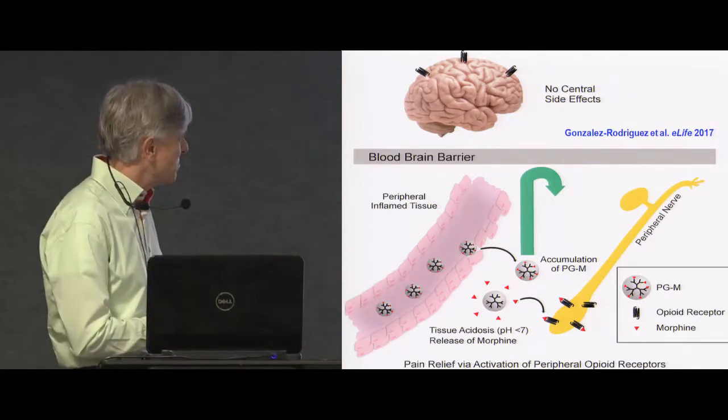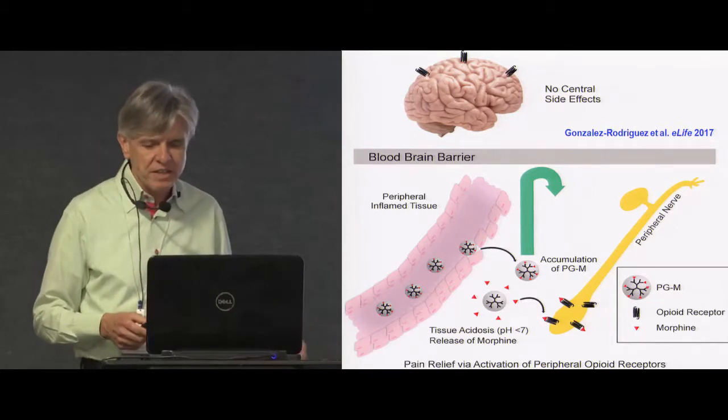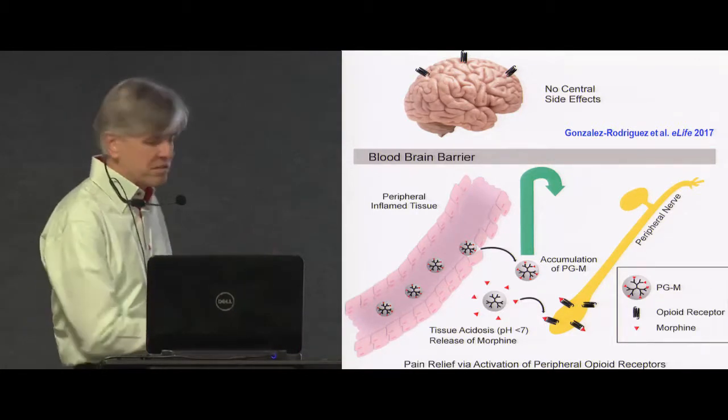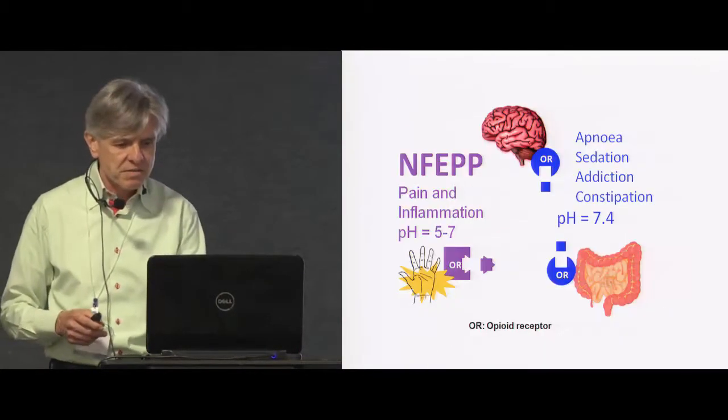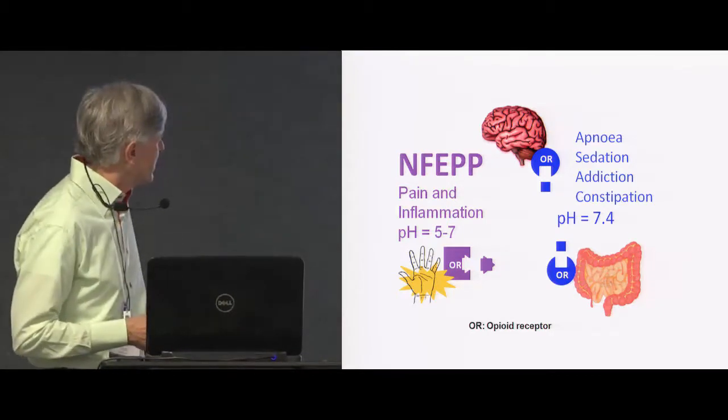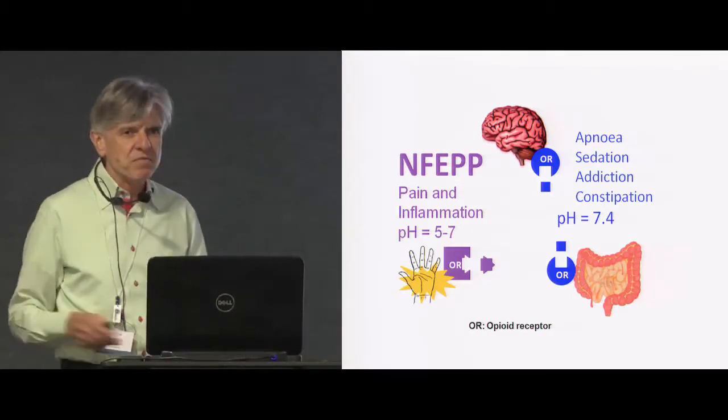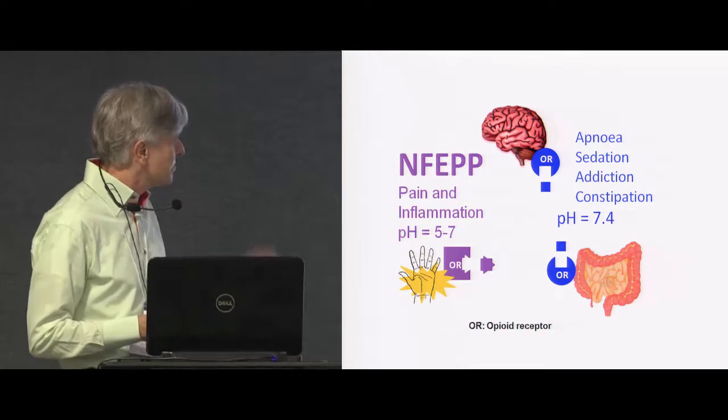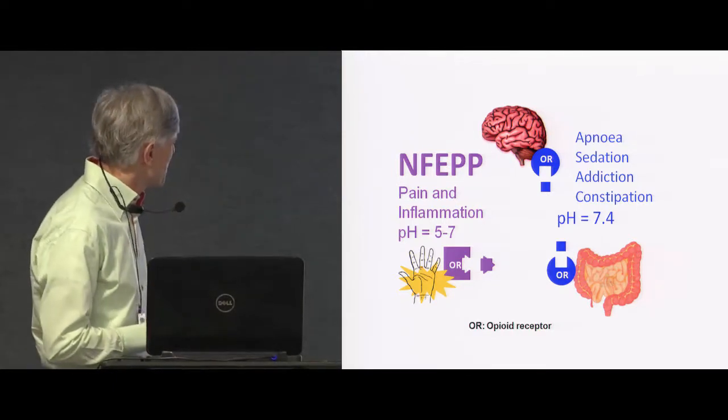We've just published a paper that will come out in 2 weeks in eLife, where we actually confirmed that this theory works. And we also have a second, completely different strategy that we developed with a group in mathematics.